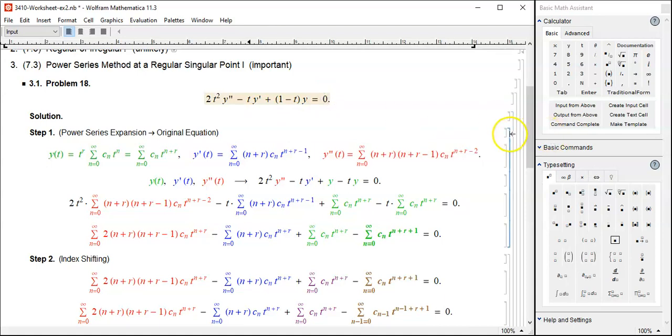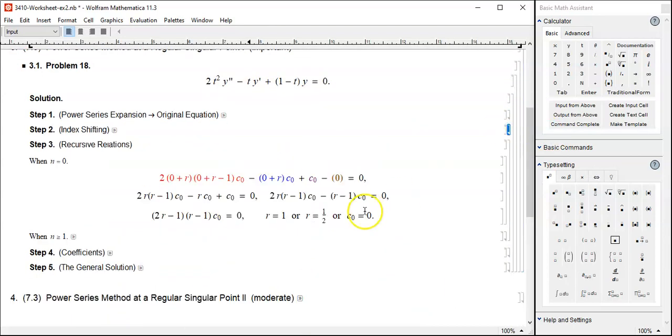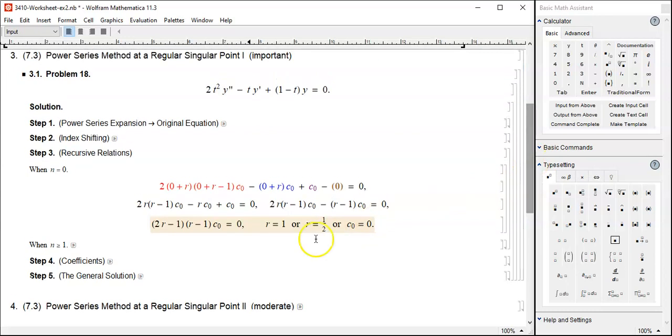So we have a solution, yes, but that's not really a good solution that we are looking for. When r is equal to 1 or r equals 1/2, we need to do some work. When r equals 1, we're going to get one solution. r equals 1/2, we're going to get another solution. These two solutions will have to be linearly independent, or you can check those with the Wronskian or check the collinearity, if you will.